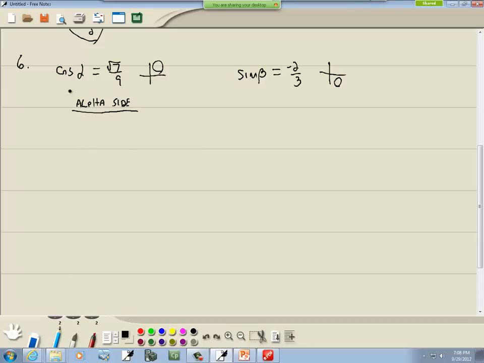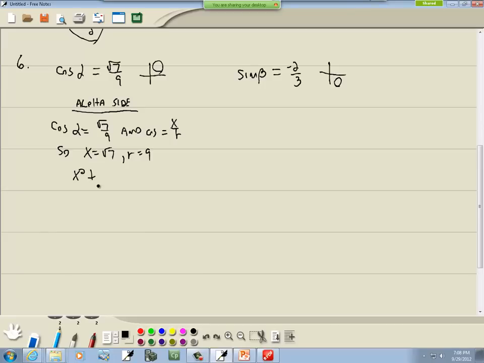Well, we're given cosine. So cosine of alpha is equal to square root of 7 over 9. And cosine is equal to x over r. So x is equal to square root of 7 and r is equal to 9.